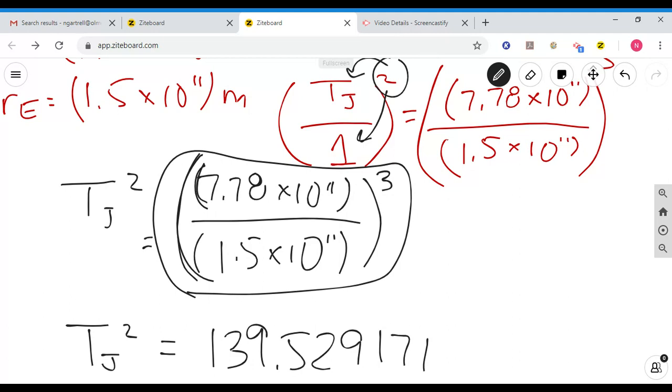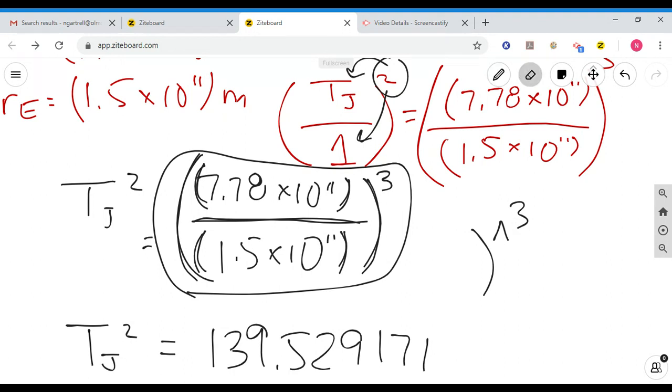I use a little caret symbol to the 11th, close the parenthesis, division sign, open parenthesis, 1.5 times 10 to the caret 11, close, to the 3rd power. And when I say caret, I mean like parenthesis, caret 3rd. That's how I typed that in. And I got the same value, okay?